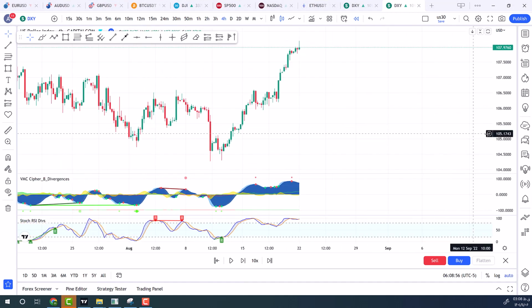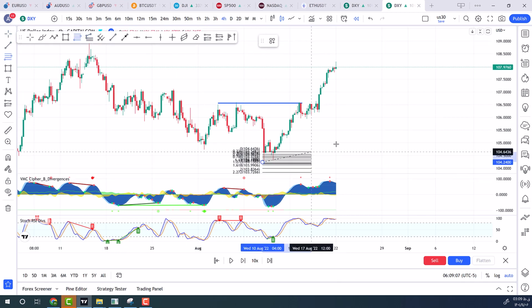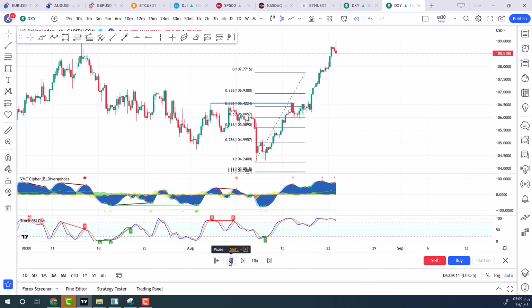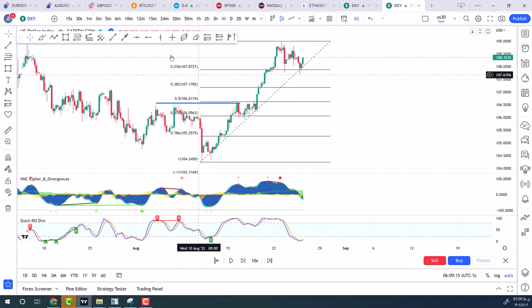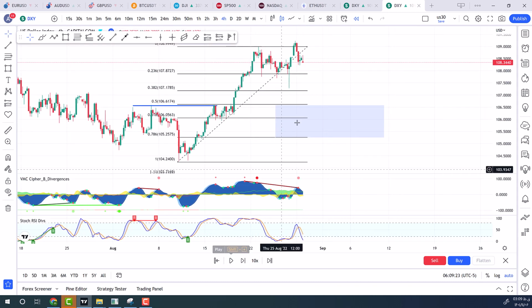Now let's see how we can use these concepts. Our break of structure happened here, so we are looking for buying setups. We pull our Fibonacci from here to where the market starts to pull back. Now we have our box from here to here, and we wait until the market pulls back to that.